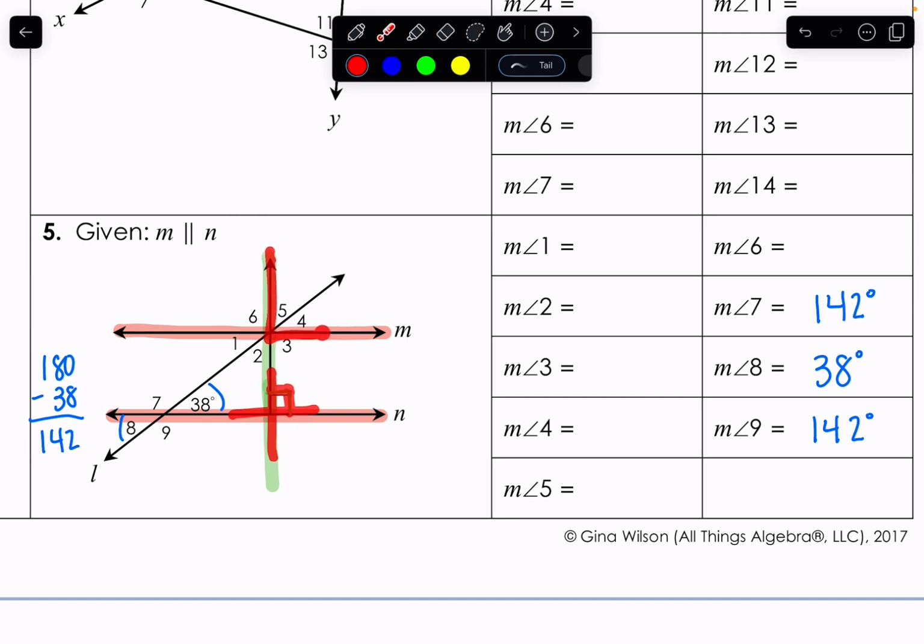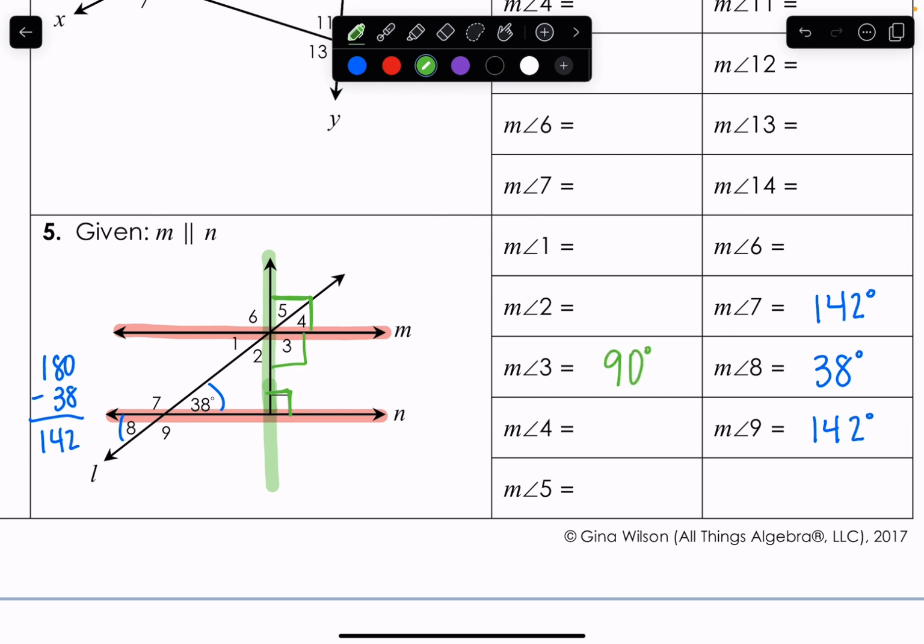So that means angle 5 and 4 are going to be also 90 degrees. Remember, what we know about 90-degree angles is if one side of a straight line is 90 degrees, the other side must also be 90 degrees. So we now know that angle 3 is 90 degrees.